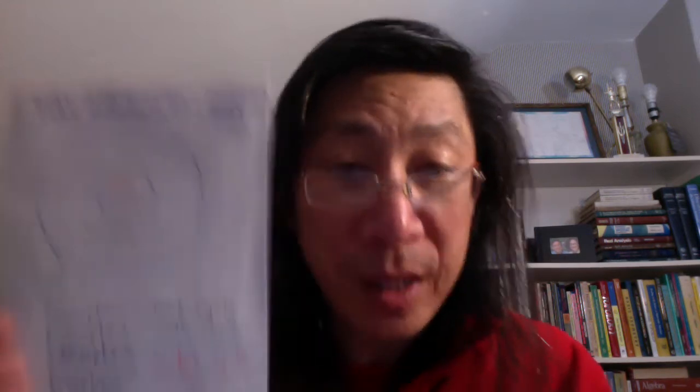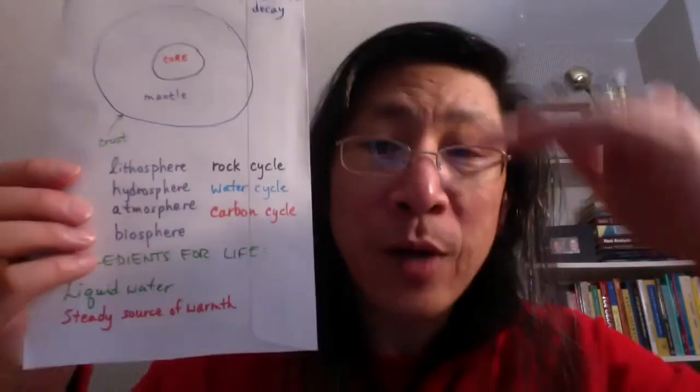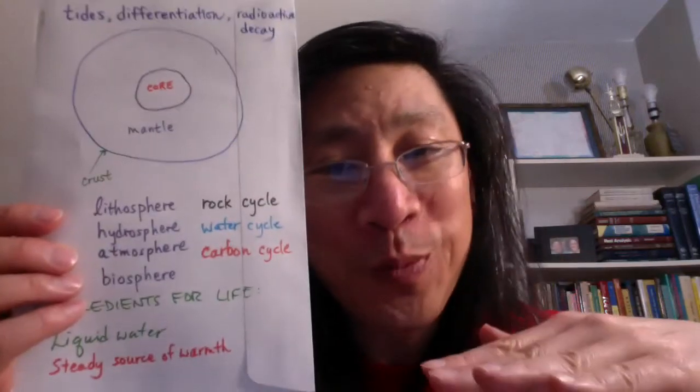Okay, so we'll call that a steady source of warmth. Now, I would say heat, right? Because warm is a sort of subjective human word: not too hot, not too cold, but warm.